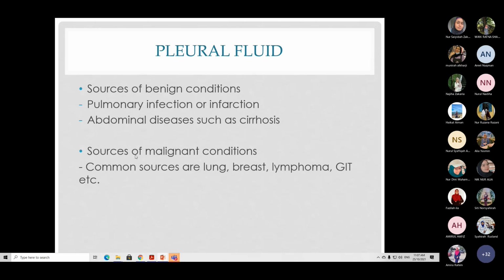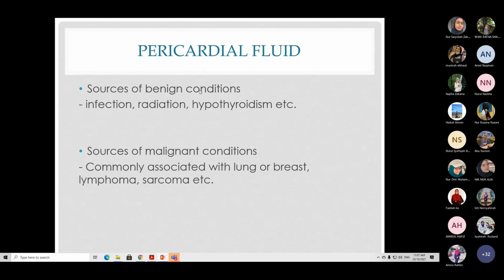And from malignant condition, of course, mostly from cancer. But what cancer? Lung cancer, breast cancer, lymphoma, or GIT. And for pericardial fluid or pericardial cavity, the effusion sources come from benign conditions such as infection, radiation, or hypothyroidism, or in malignant conditions, again cancer, lung or breast, or lymphoma and sarcoma.